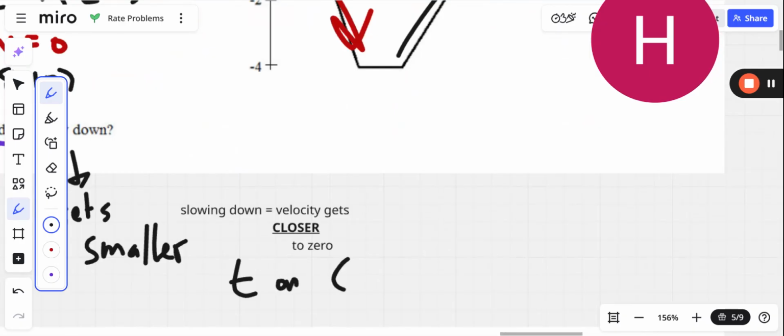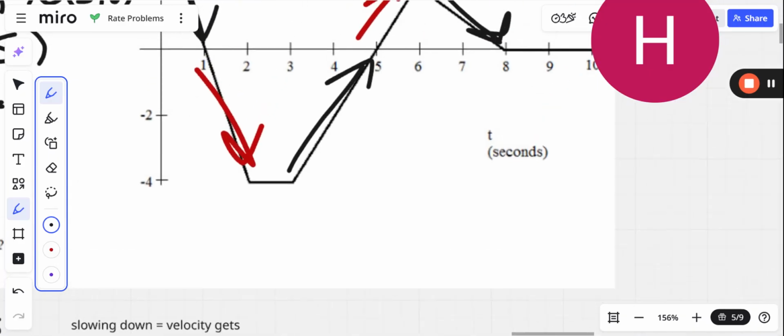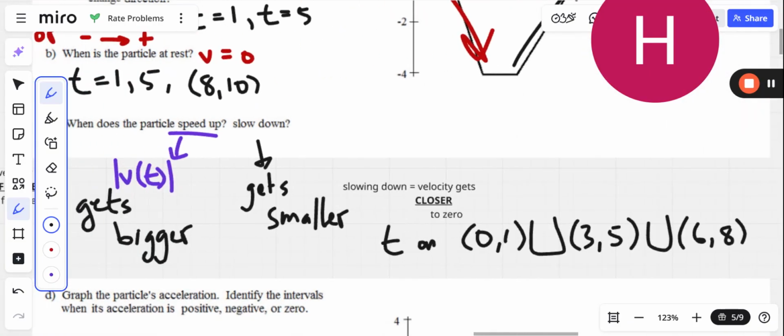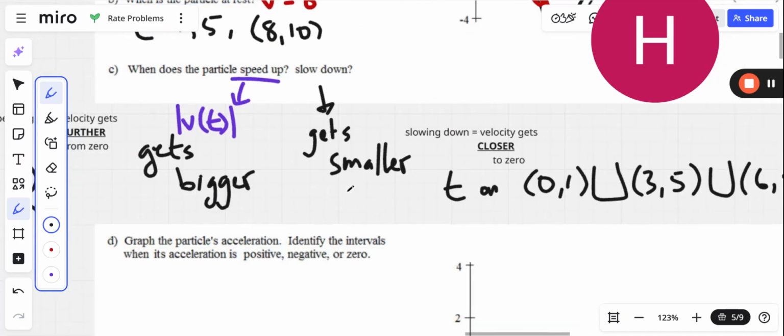That means t is on the interval from 0 to 1, or the interval from 3 to 5. I guess I shouldn't just put commas, I'll use unions. And then it's slowing down again from 6 to 8. Basically anywhere it's not speeding up, it's slowing down or resting. So from 8 to 10, it's not doing squat.